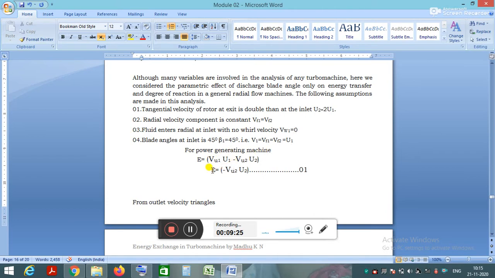Therefore, the equation for energy transfer for a radial flow turbo machine is given by minus V suffix U2 into U2, where V suffix U2 is the whirl velocity at the exit of the fluid and U2 is the blade velocity at the exit.